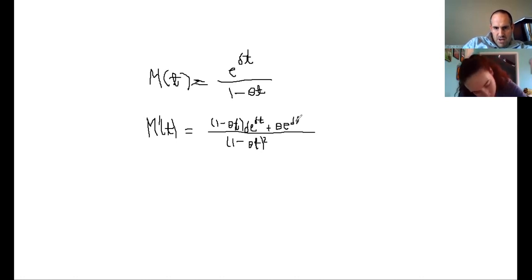Okay, and we'd best simplify this. What can we factor out of this? e to the delta t on top.